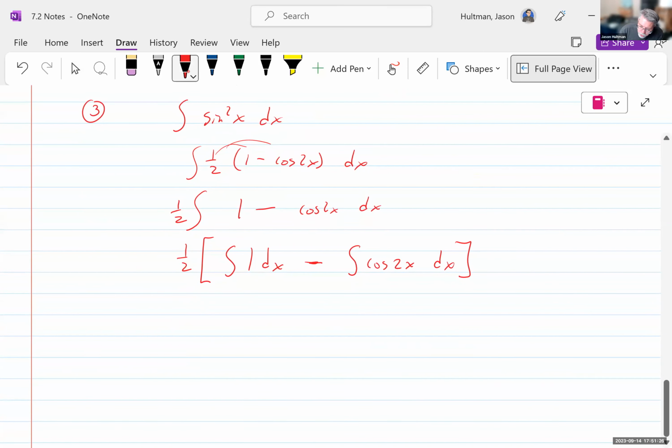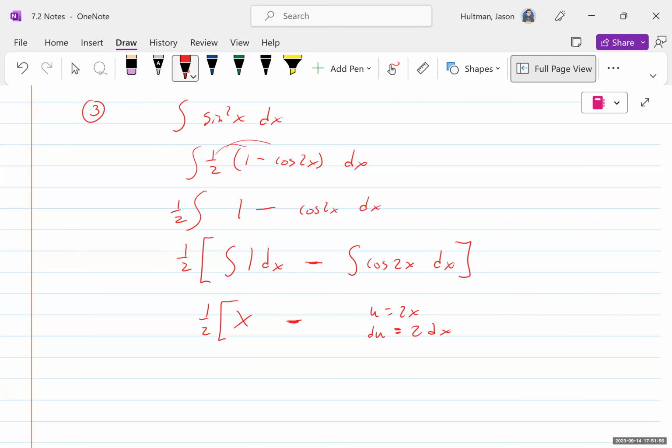Well, I know what the integral of 1 is. What's the integral of 1? X, very good. So this is just x. And then minus the integral of cosine 2x. This one I'm going to have to do a u sub on. So u is equal to 2x. Du is equal to 2 dx.